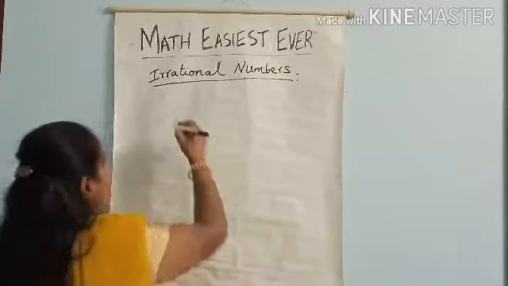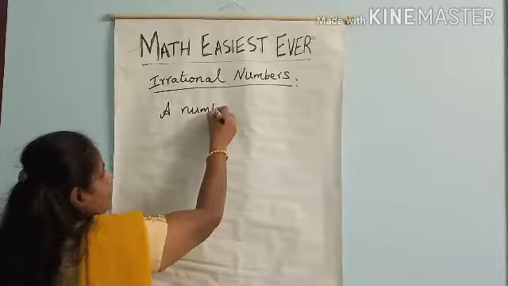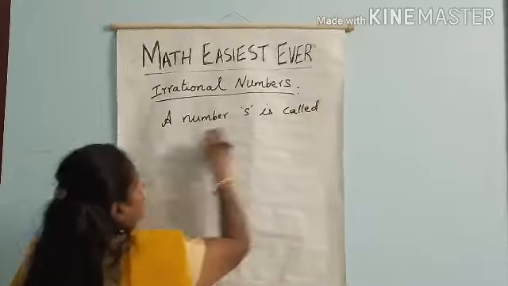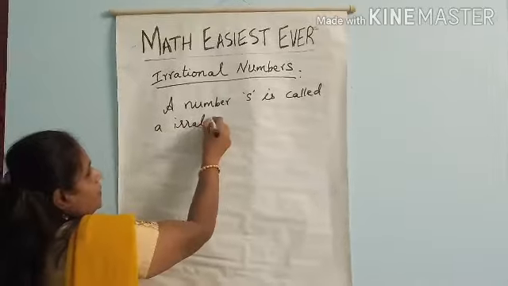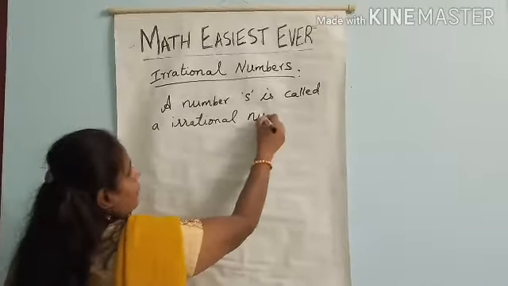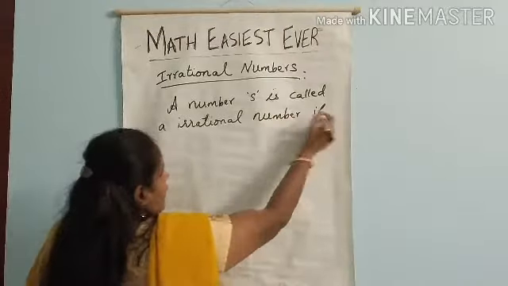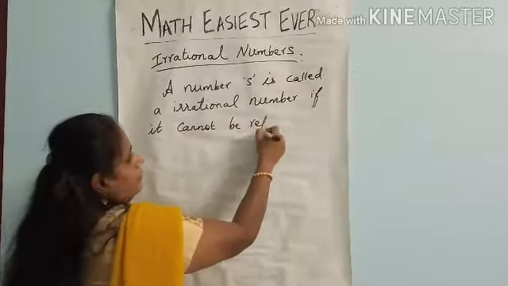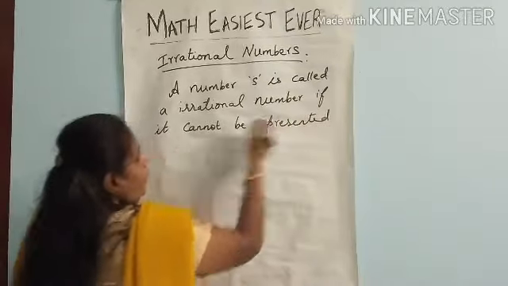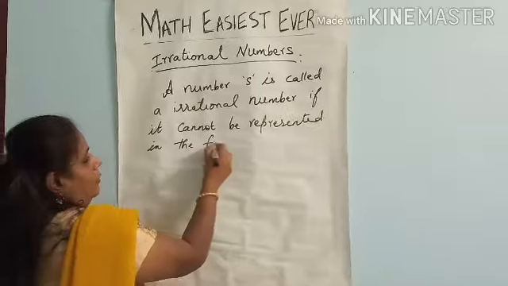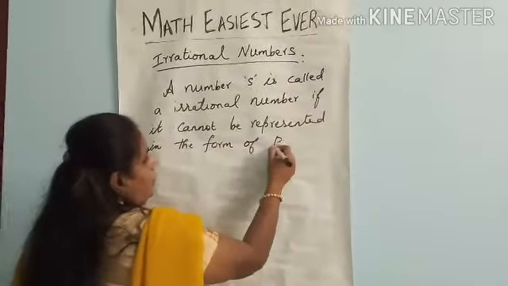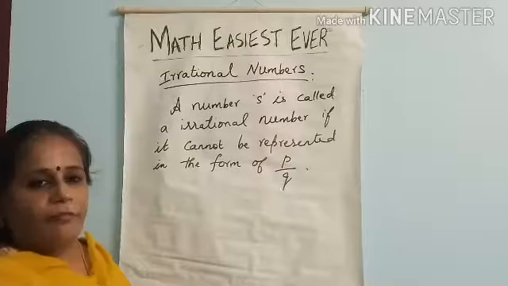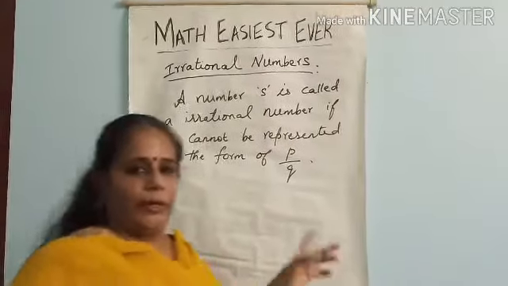Okay, a number is called an irrational number if it cannot be represented in the form of P by Q, where P and Q are integers and Q is not equal to 0.